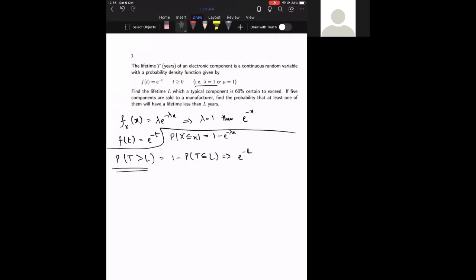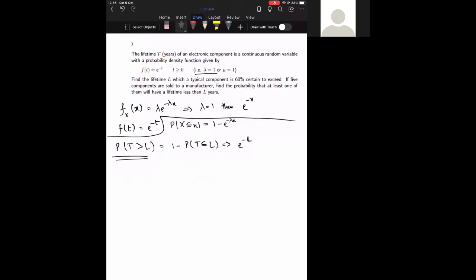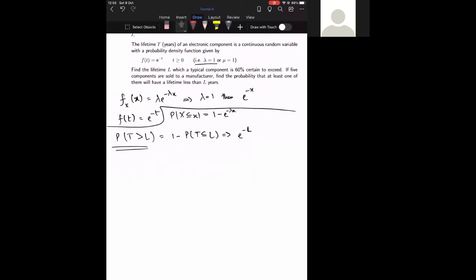Now, what do we want? We want the lifetime, which is noted by t, to exceed some number of years, which makes it 60% certain to exceed. So according to our distribution, let's first equate this with 0.6. What are we equating with 0.6?